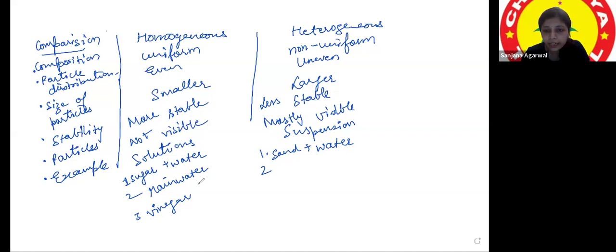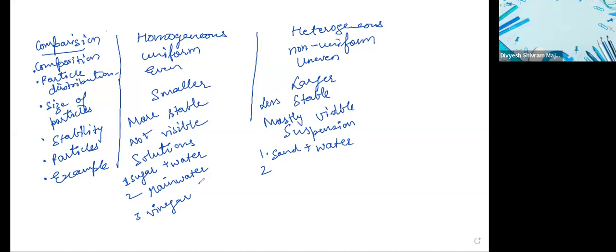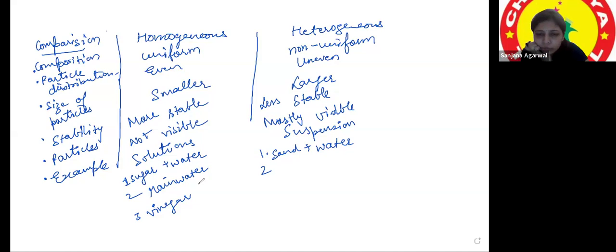Now state examples of heterogeneous. Chalk in water is already there. Sand in water is an example of heterogeneous. If you mix salt and sand, that is also a heterogeneous mixture.